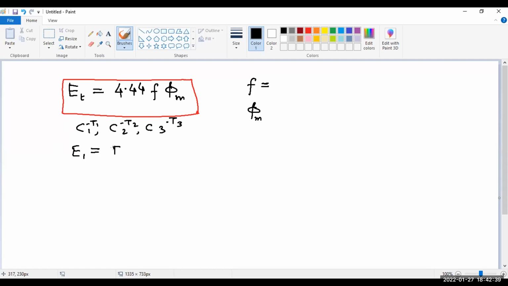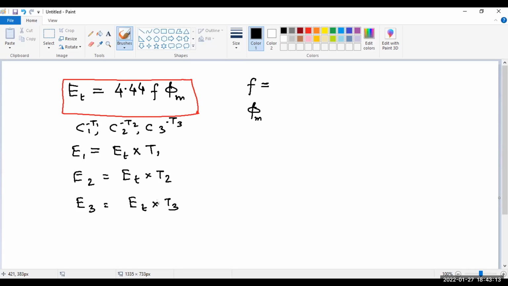E1 will be just Et multiplied by T1. E2 will be Et multiplied by T2. E3 will be Et multiplied by T3. So this is how we can get the exact voltage of the total coil.